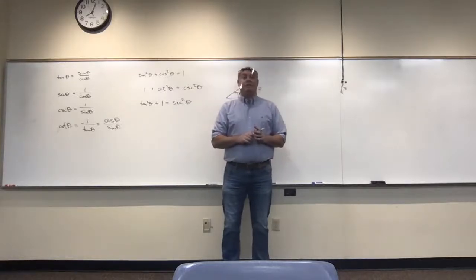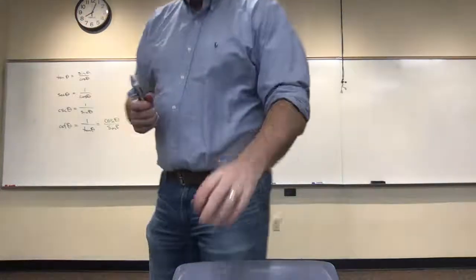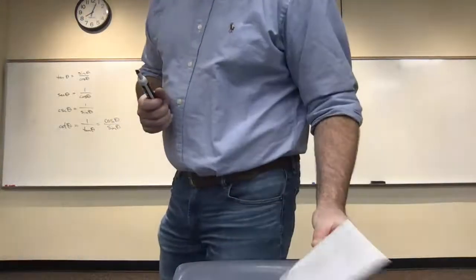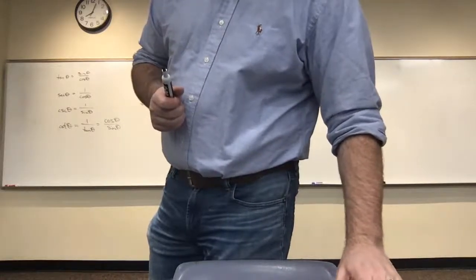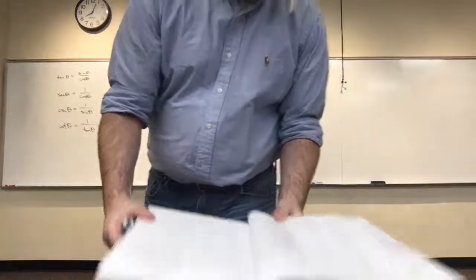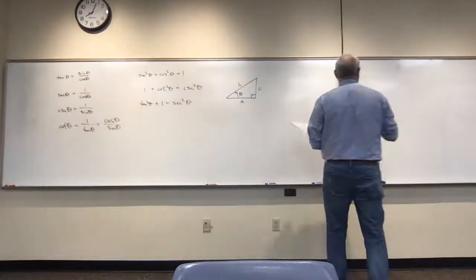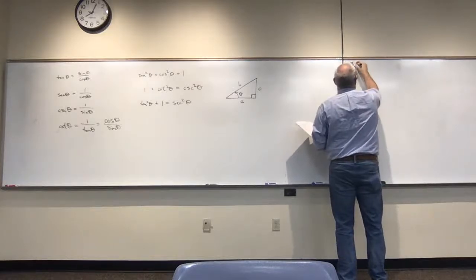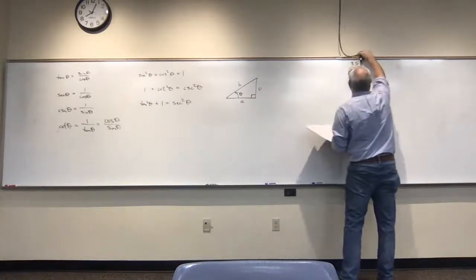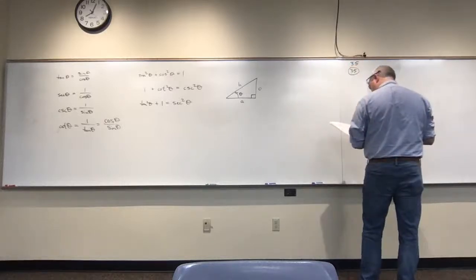Yes, sir. Can you go over 35 on 3.5? 3.5, 35? Yes. Okay. So we're finding the derivative of the function. This is 3.5. Okay.